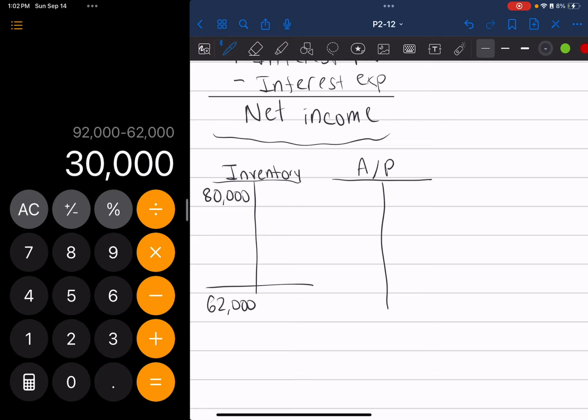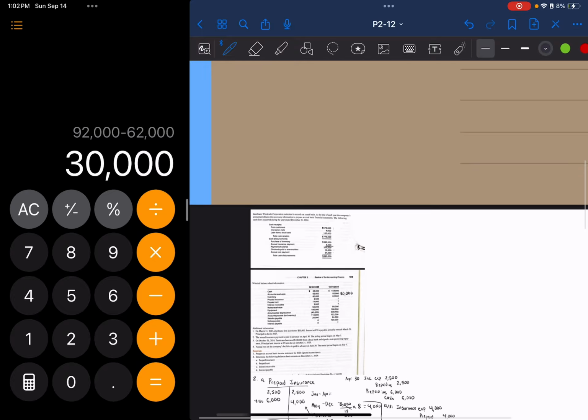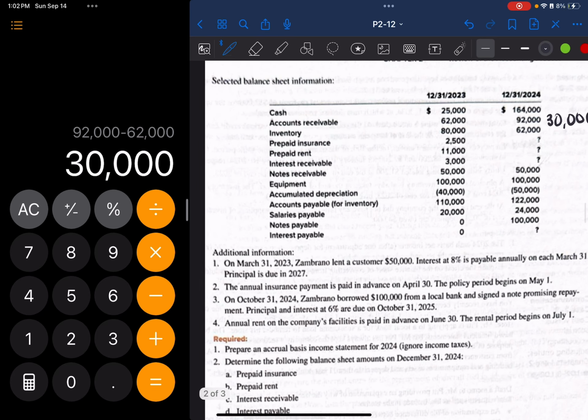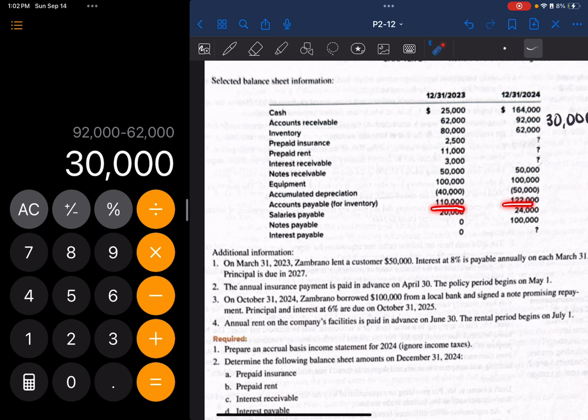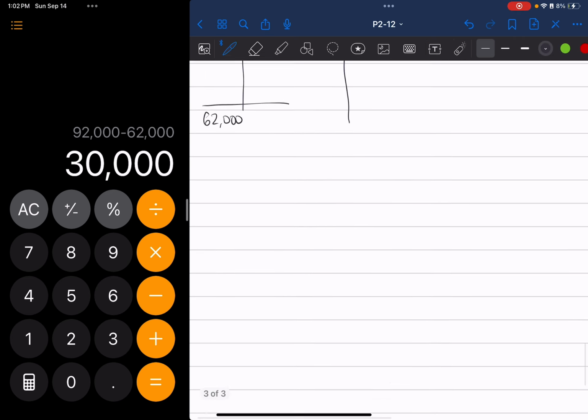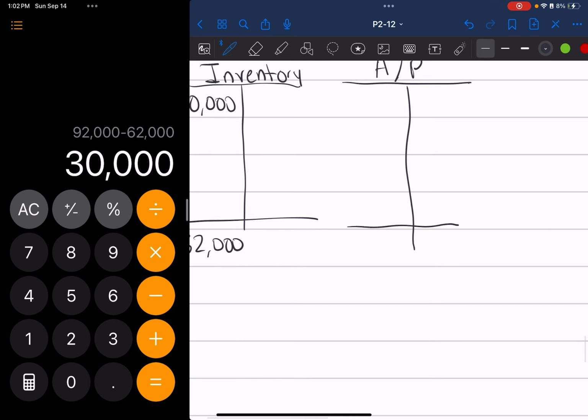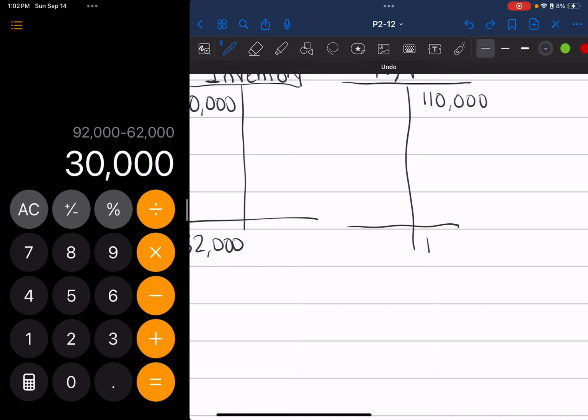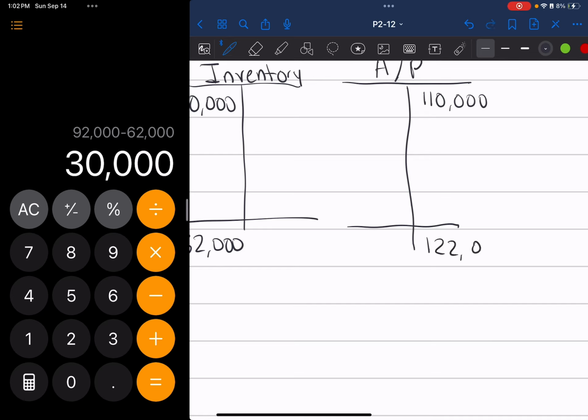So accounts payable, if we scroll back up, is 110,000 beginning and 122,000 ending.